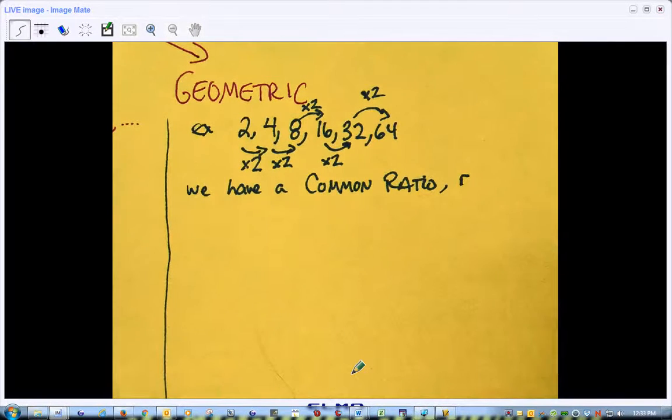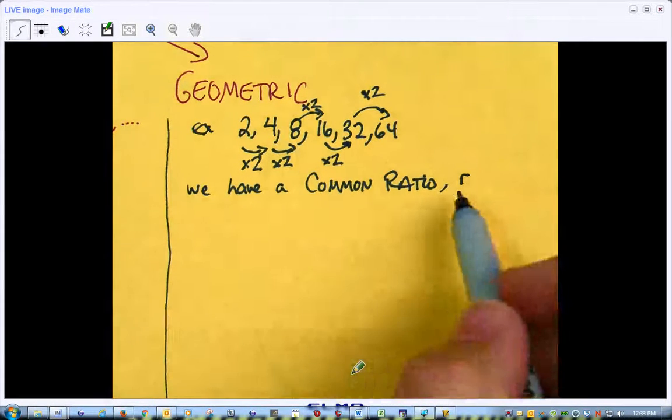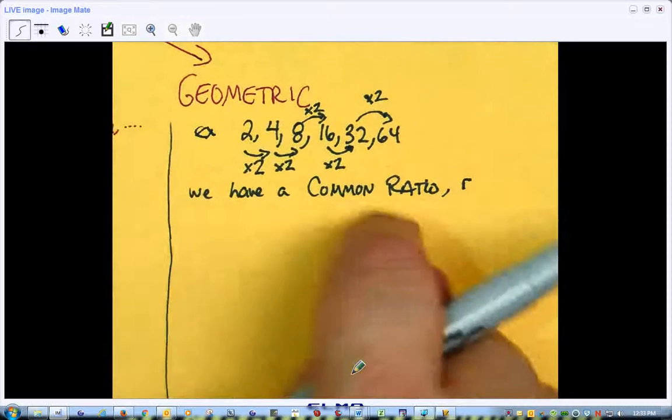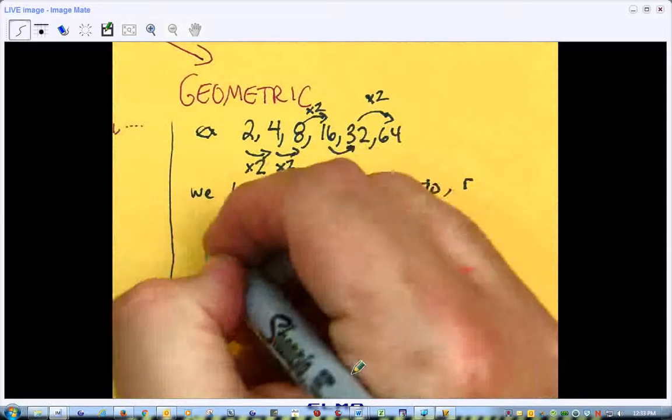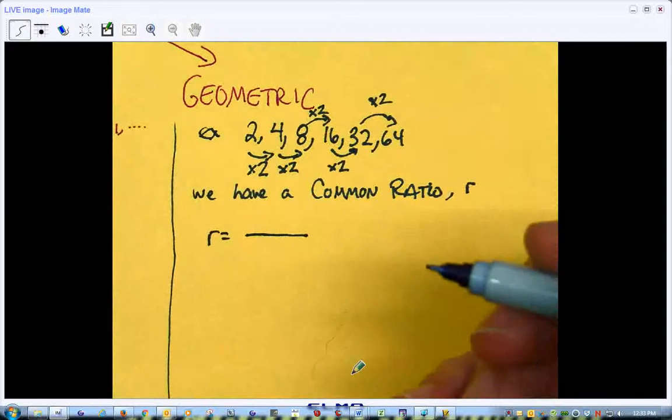Now, in order to find R, just remember how we talked about a sub n might be in the middle, and we talk about the number right before it or the number right after it. R would be this number divided by this number, but R would also be this number divided by this number.